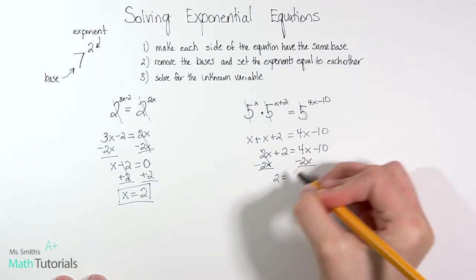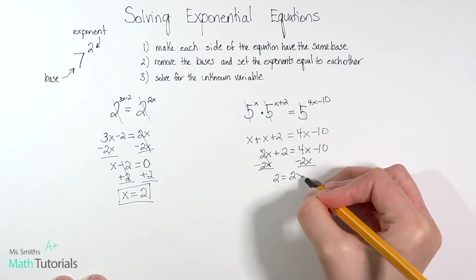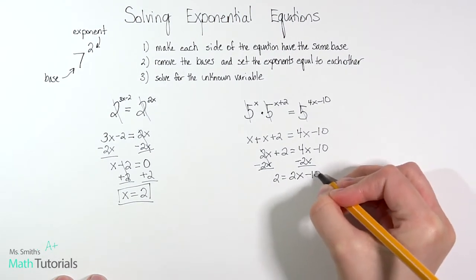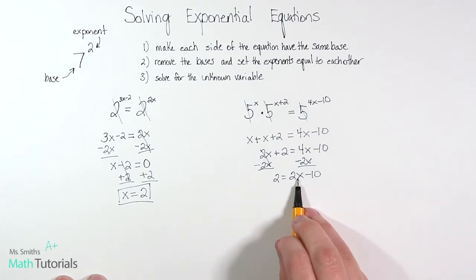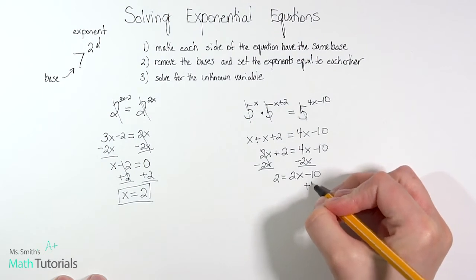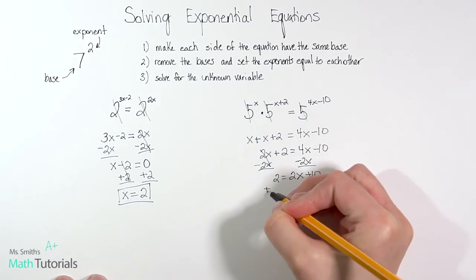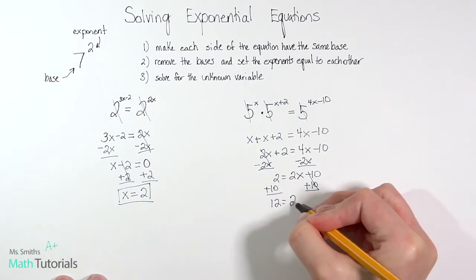So I've got 2 equals 4x minus 2x, that would give me 2x minus 10. And of course, now that I got my x's all on one side, I want to get my constants all together. So I'm going to add 10. 2 plus 10 is 12 equals 2x.